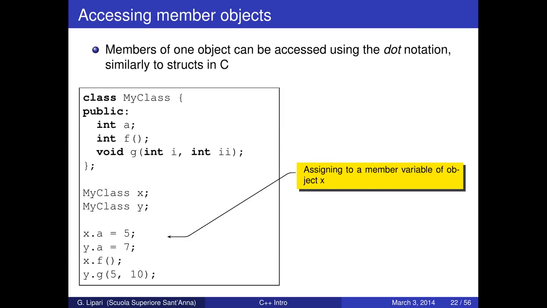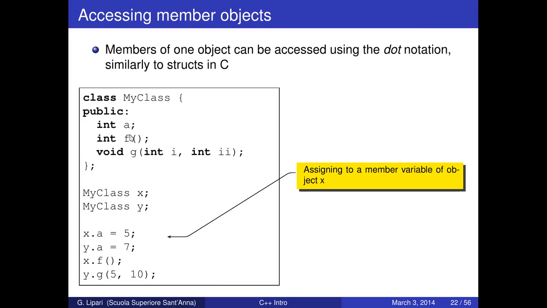So how to access members of an object? Well, if you have an object, you can access its member by using the same syntax as C. So by using the so-called dot notation. So in this case, for example, I'm defining a member variable of type integer a, and I can access it by using x.a. For example, x.a equal to 5.